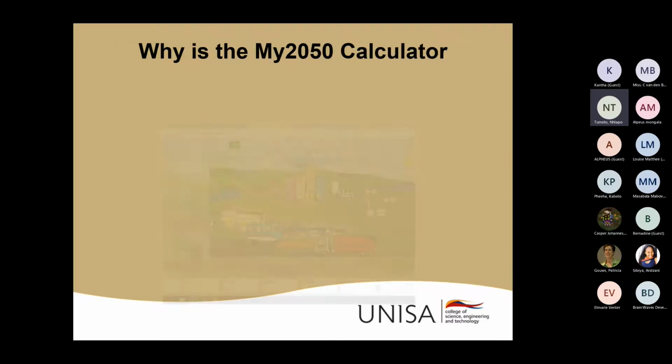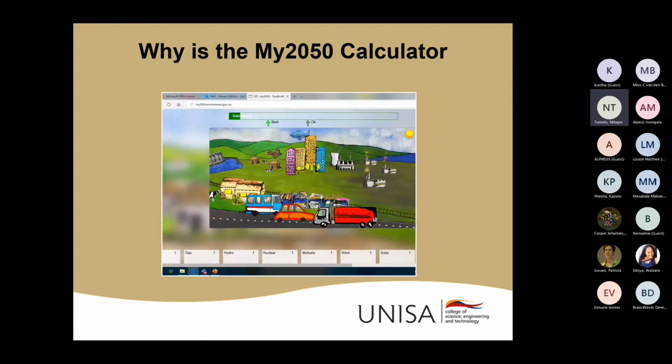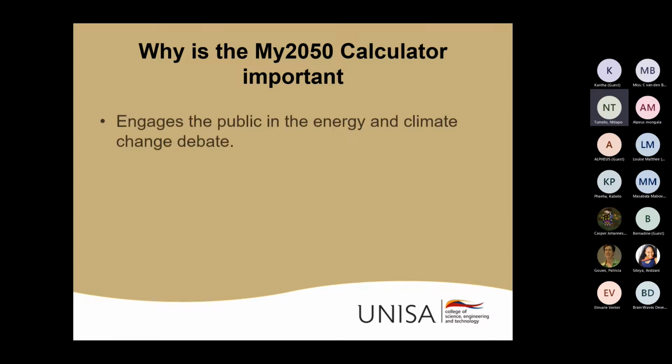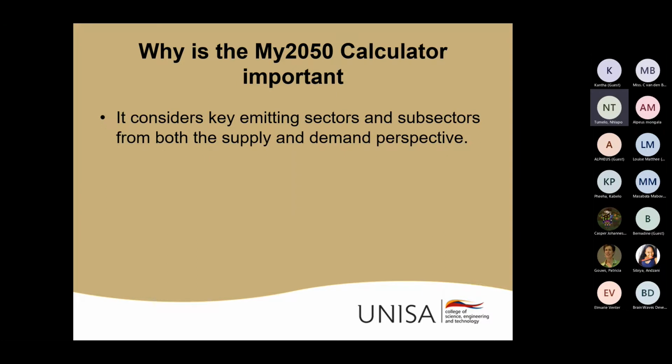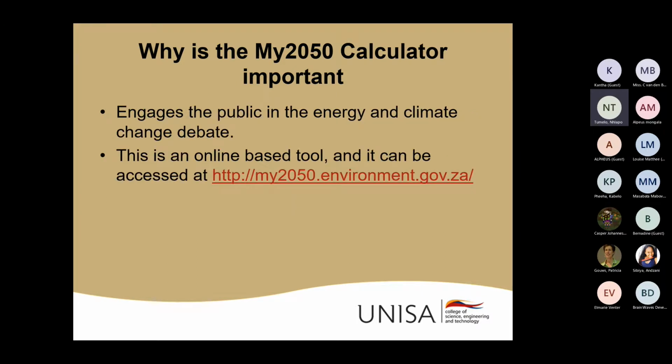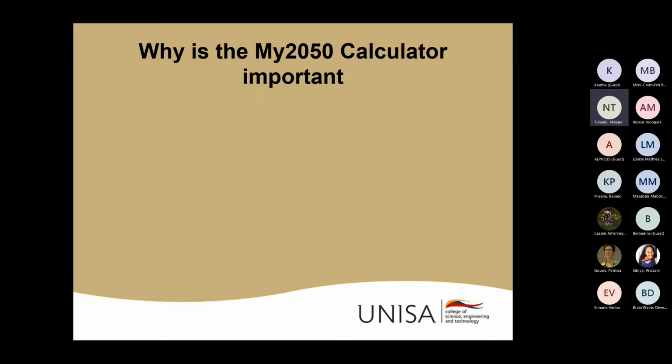All right. So I also spoke about the My 2050 calculator, and I would encourage you to also interact with this game and look for some interesting information or some loopholes that you might see there.